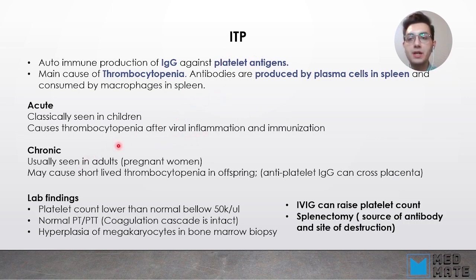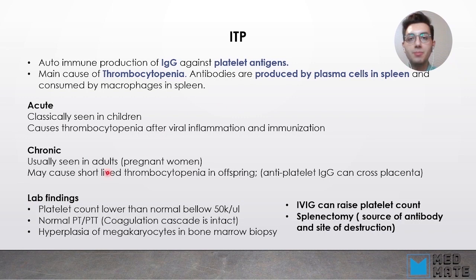Now, there is also the chronic form, which is seen in adults and commonly seen in pregnant women who are suffering from a sort of autoimmune disease. Now, this may cause short-lived thrombocytopenia in offspring because these anti-platelet IgG can cross the placenta and go to the offspring, and that can cause short-lived ITP in that offspring.